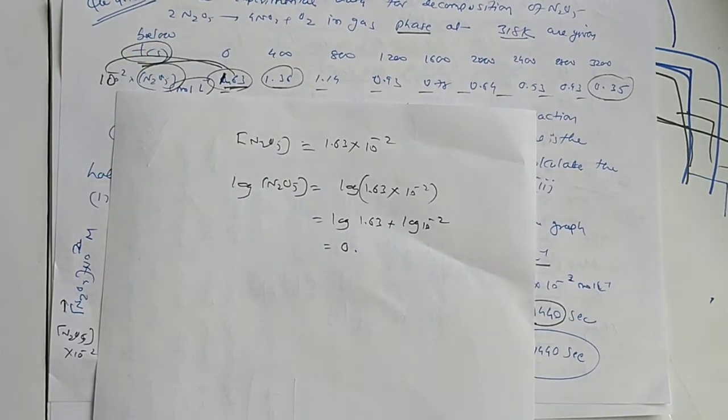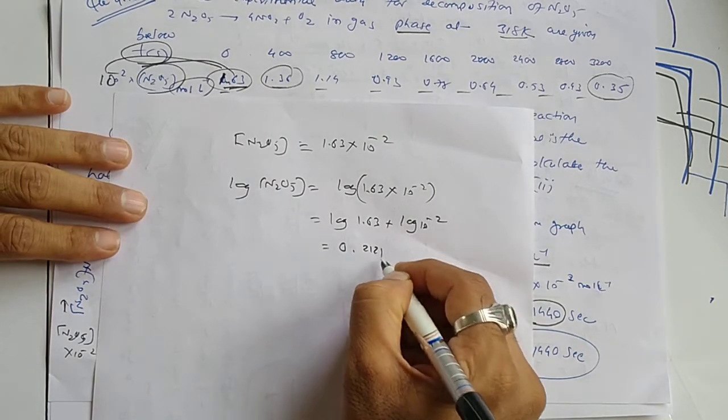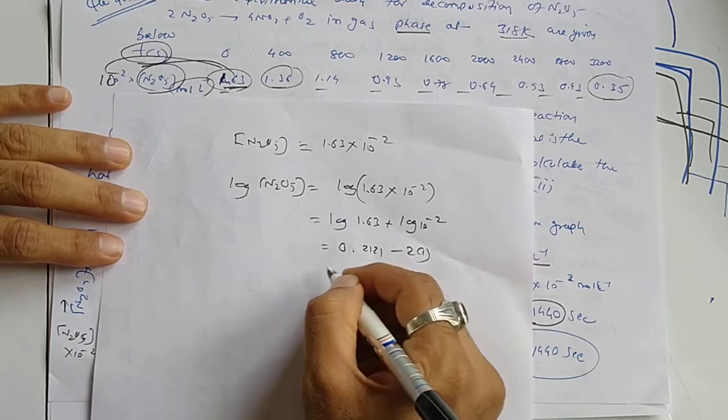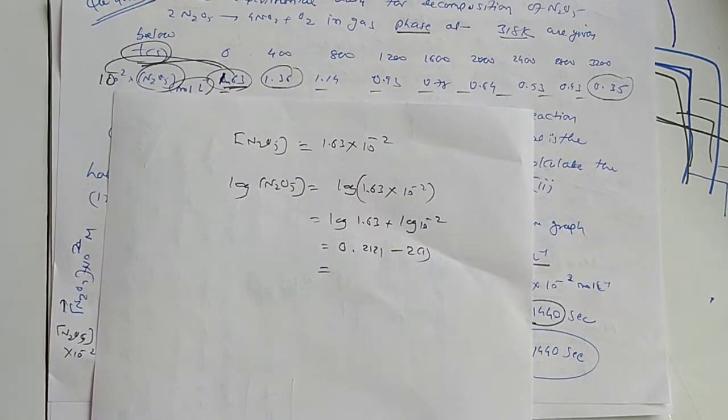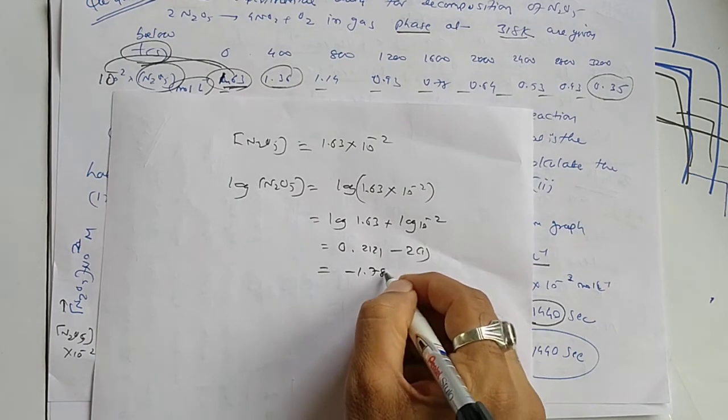So the value of log 1.63 will be 0.2121, minus 2, so minus 2 plus 0.2121 gives minus 1.7879.